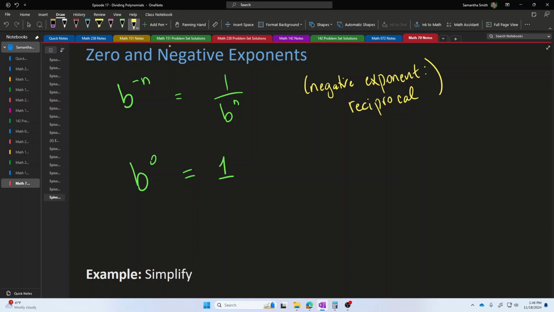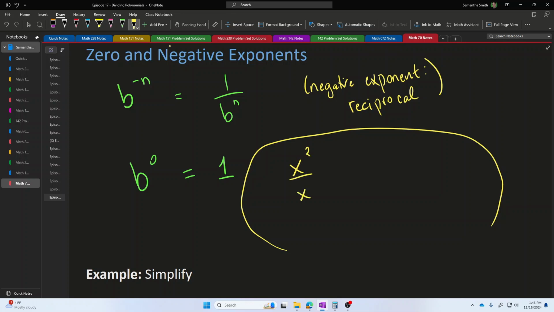And for just a brief explanation of why this property is true, if I took, for example, x squared divided by x squared, when I divide something by itself, the result of an action like that is always equal to 1. But at the same time, if I did x squared over x squared using the exponent property, that would be x to the power 2 minus 2.